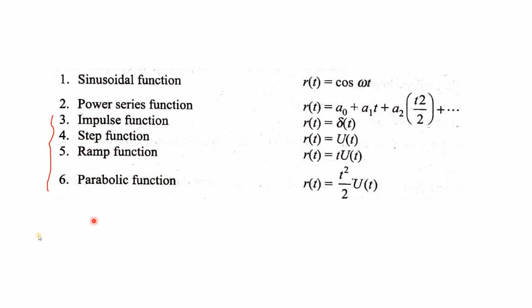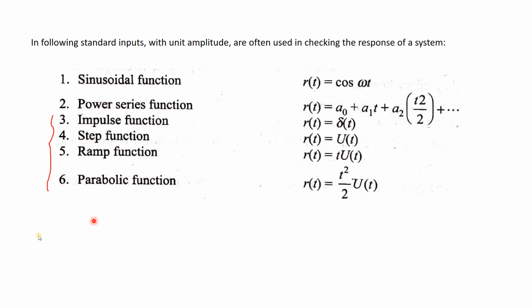Sinusoidal is also used, but sinusoidal becomes a little bit complex because it has omega in it. But impulse, step, ramp and parabolic are very commonly used and very simple test functions. And if these functions are used, then the system performance can be easily determined. Okay.